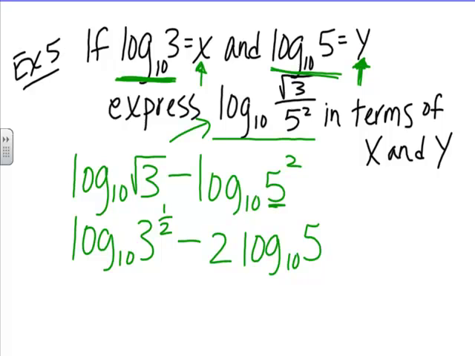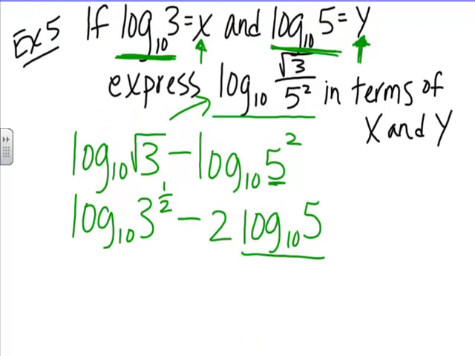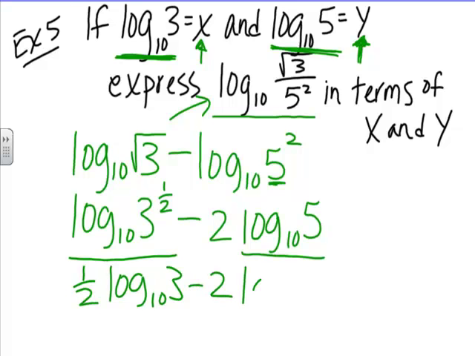Now, this is something I can work with because I have the information up here. I'm still not quite there with this other side because I don't have anything with 3 to the half. So I'm going to do the same thing with those powers. So I'm going to bring this power down: 1/2 times log base 10 of 3, and I'll just rewrite this, minus 2 log base 10 of 5.